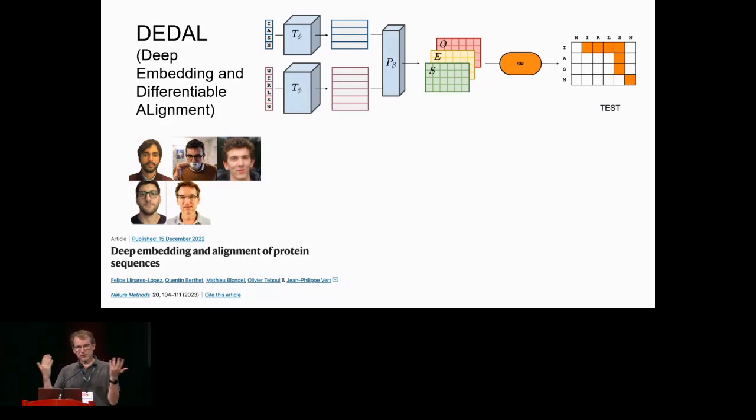From these 2 sequences of vectors, we have a module, which I call P beta here, P like parameters. I will explain what it is, but it is a model that, given every vector of the first sequence and every vector of the second sequence, computes a score. The score is put in the scoring matrix, which is the 3rd stage here. In fact, we have 3 matrices of scores: one for mutation, one for gap opening, and one for gap extension.